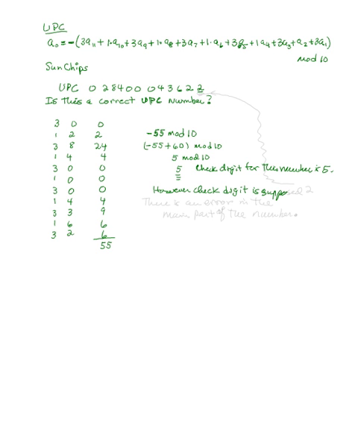And you can see that by looking at the 2 up here. Supposed to be 2. And since it's not, there is an error, most likely, in the main part of the number.